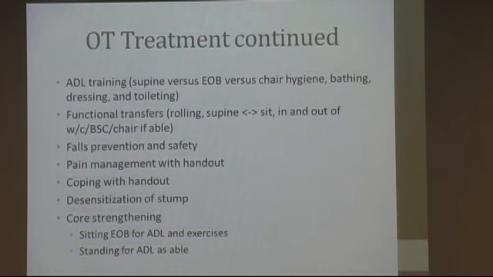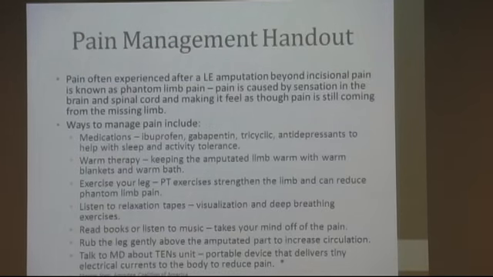Looking at falls prevention and safety, education, pain management with the handout that we're providing, as well as coping with the handout, and then desensitization of the stump, as discussed earlier, and looking at activities for core strengthening, sitting edge of bed for ADLs and exercises when you can, and if it's possible, standing for ADLs as able.